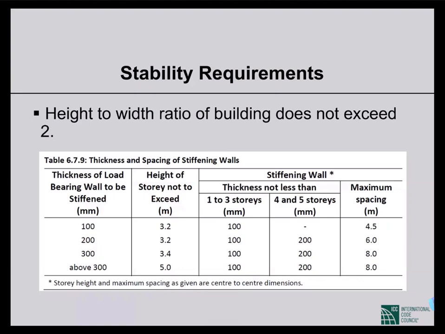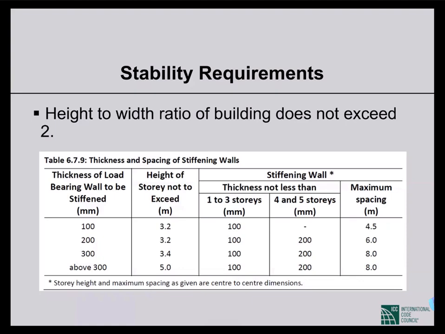So height to width ratio is specified, and we have to stiffen the walls by cross walls or piers or pilaster. We have to stiffen the walls at regular spacing. So that will depend on the story height.